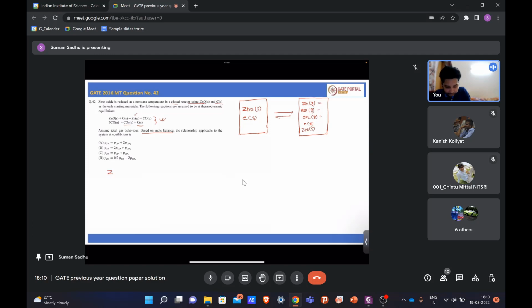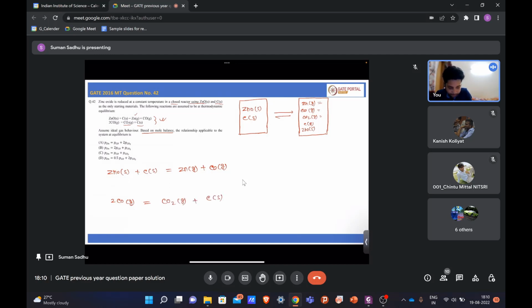For this we first have to do the mole balance for these two reactions. So now let's write the reactions here. ZnO in the solid form plus carbon in the solid form is equal to Zn in the gaseous form plus CO in the gaseous form. And the second reaction is 2 moles of carbon monoxide in the gaseous form forming 1 mole of CO2 in the gaseous form plus 1 mole of carbon.